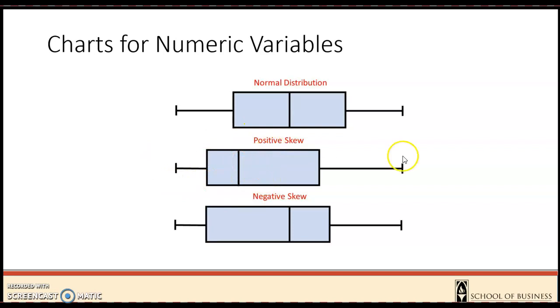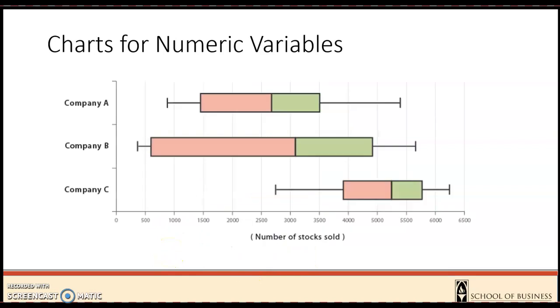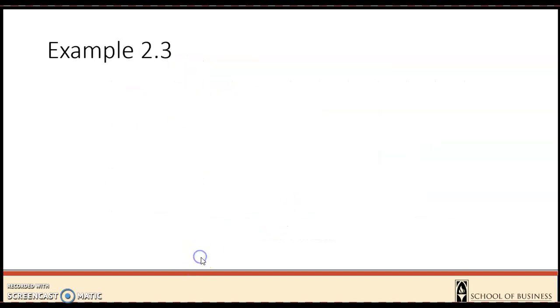This is positively skewed, because the only way the second to third quartile would be this big is if we've got some big numbers over here dragging the entire thing up. For negative skew, we've got the same thing. We can see a bigger range between the first and the second quartile. And here's another chart showing that. We can see this one is negatively skewed because it's bigger here. All these are negatively skewed. It's just a way to look at things.